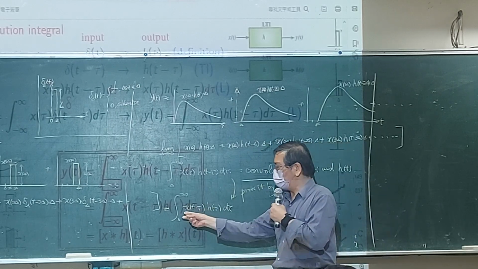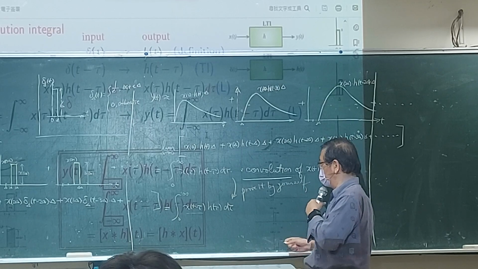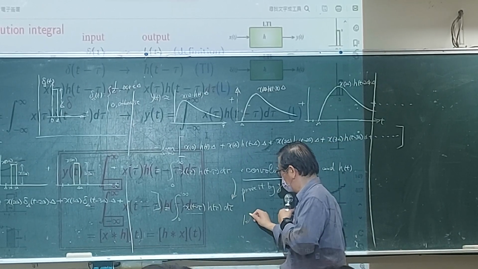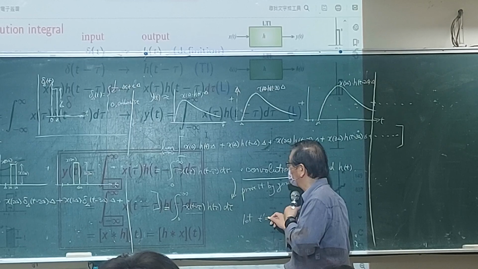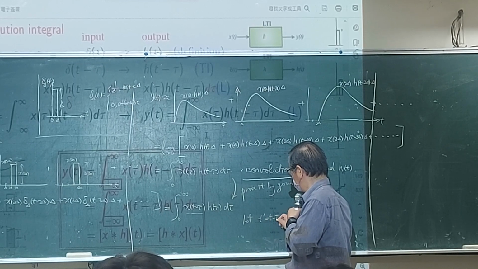One way to do that: say t prime equals t minus tau.